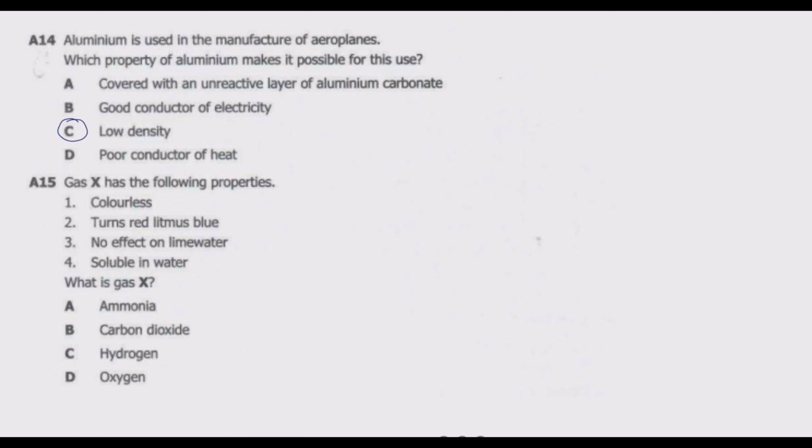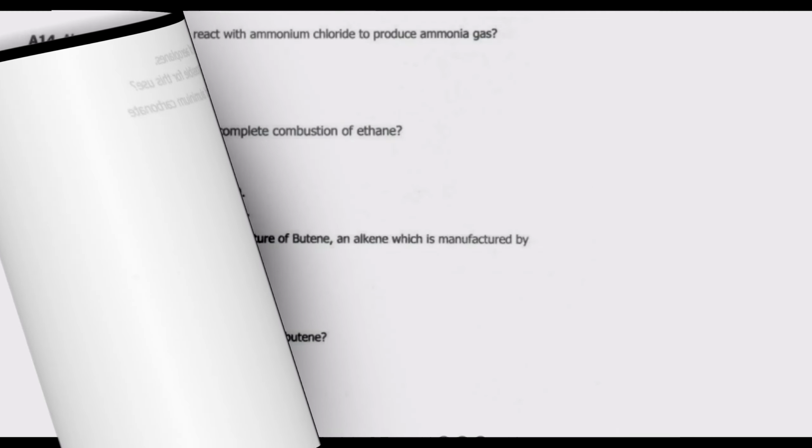So this one is ammonia. Ammonia is the one that turns red litmus paper blue, and it's colorless. Then it also has no effect on lime water. So this is ammonia.